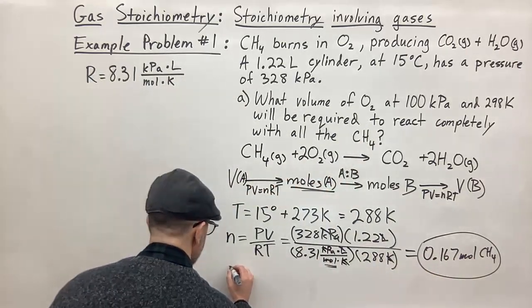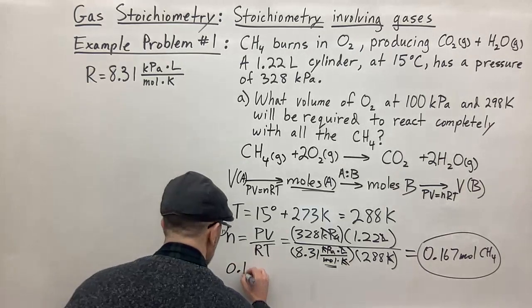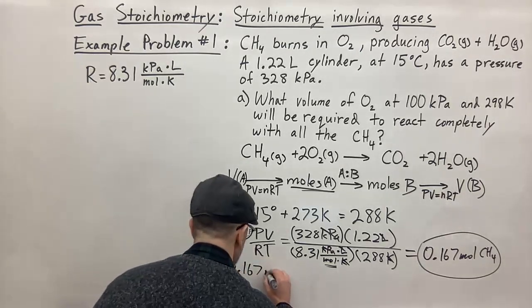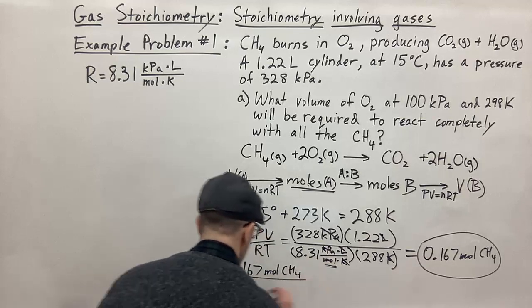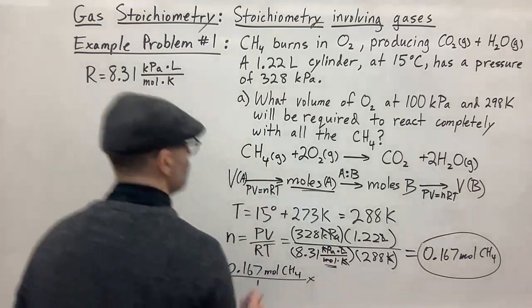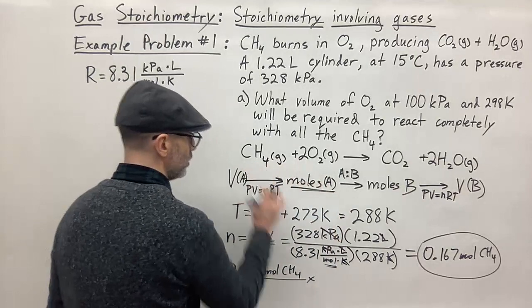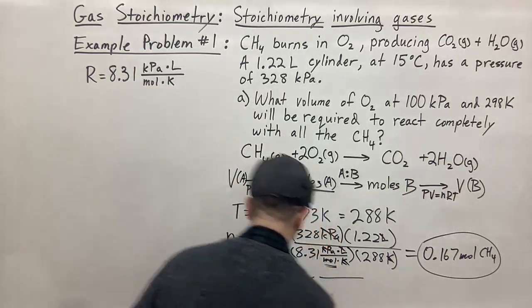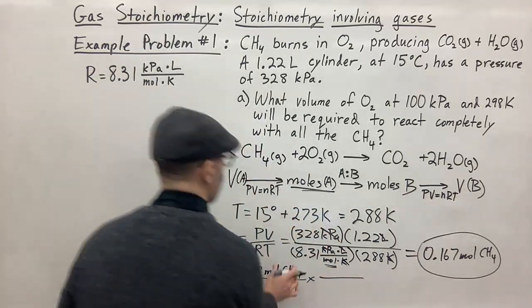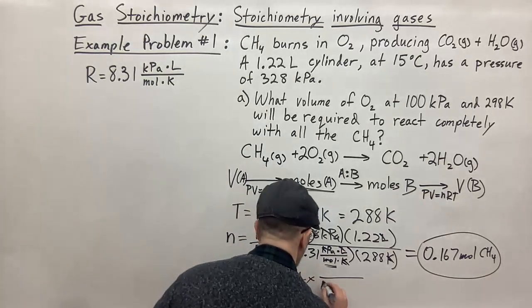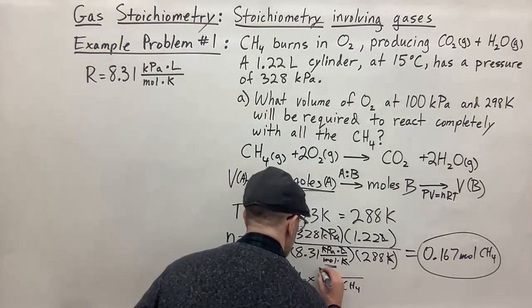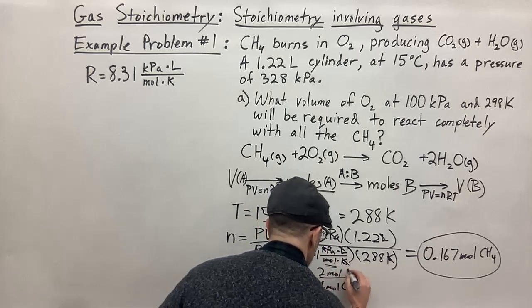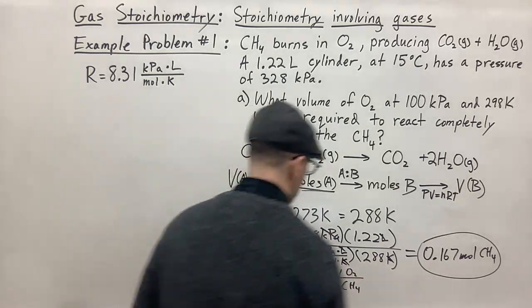We take the 0.167 moles of CH4, and we use the mole ratio 2-to-1. Moles of CH4 are going to go on the bottom, so that's 1 mole of CH4 on the bottom, 2 moles of O2 on top.